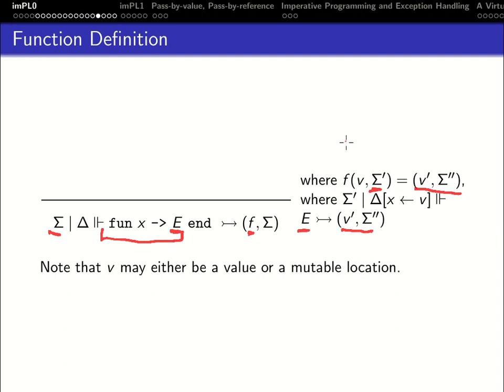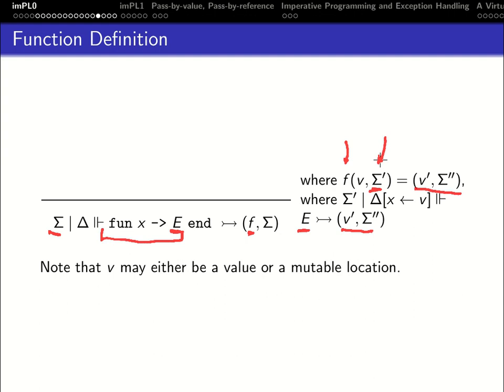So the functional value that I define will have to have sigma prime as an added argument, right? My denotation for a functional value has to be a function whose added argument is the store. There's no way around that, because the mathematical function that is my denotation doesn't have the capability of having side effects. All right?